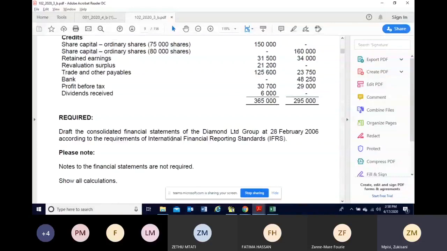You've got the required. The required is asking you to draft the consolidated financial statements of the Diamond Ltd Group at 28 February 2016, according to the requirements of IFRS, International Financial Reporting Standards.